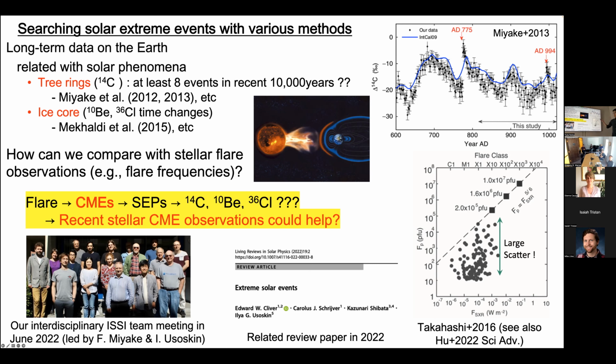Some studies try to use moon rocks to estimate the amount of solar activity related particles, but this only detects the accumulation of previous events, an integration. But tree rings and ice cores can be used for better time resolution. Originally this was started for understanding global warming and climate change, because when the climate changes, the tree ring amount also changes.